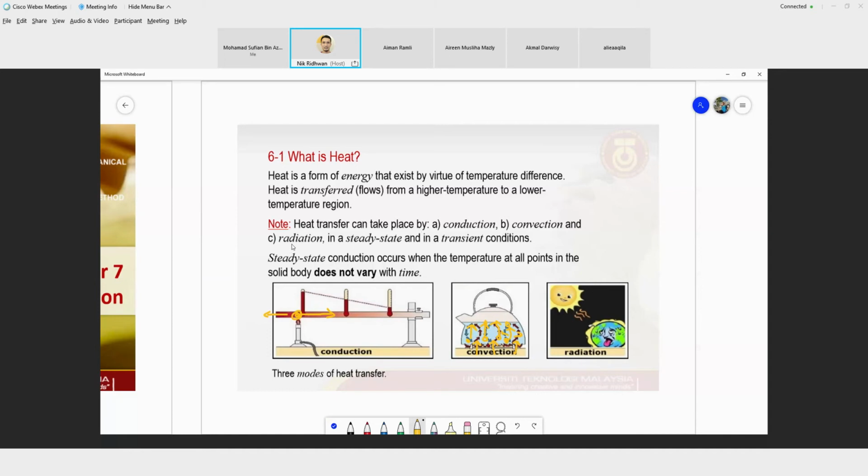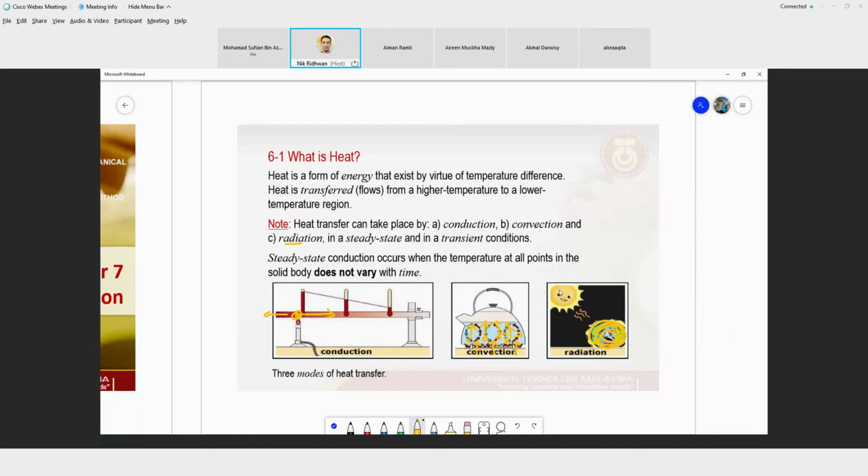And the third one is radiation. Radiation is a kind of process where, let's say this is our Earth here, which is not attached at all to the source of the heat. So we are far apart.